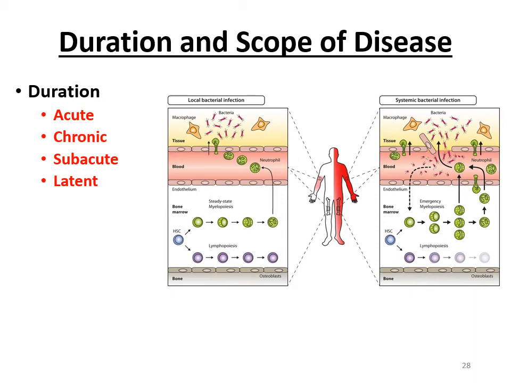Whenever you deal with latent infections, the two things that tend to make them re-emerge or reactivate are, one, if you end up immunocompromised, kind of like with opportunistic pathogens, and two, times of stress.